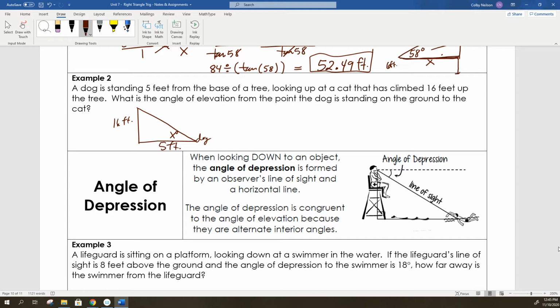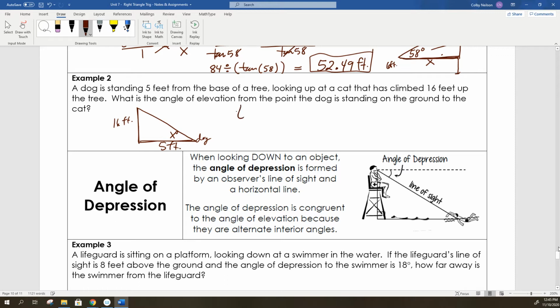Okay, so yesterday we did these where we found the angle. How did we set those up? Which trig function am I using? I'm going to do second function, or the inverse function, of which one? Sine, cosine, or tangent? Tangent, because 16 is the opposite side, 5 is the adjacent side, and opposite and adjacent means we're using tangent.